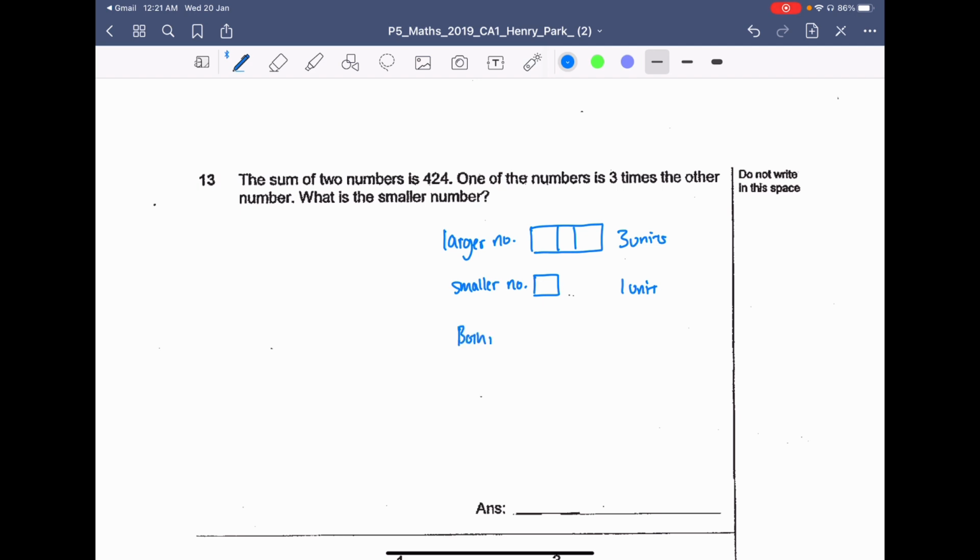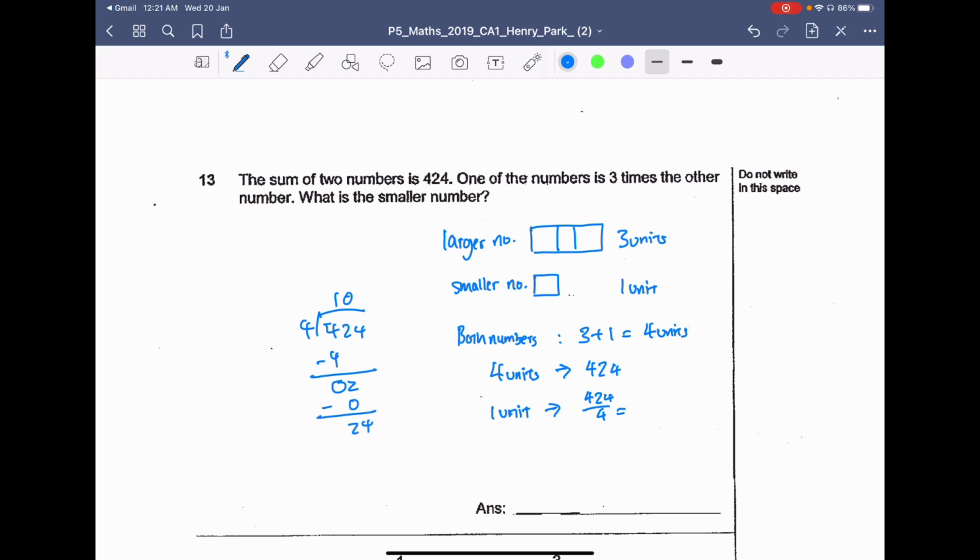So both numbers will give you a sum of 3 plus 1 equals 4 units. 4 units, as they mentioned, represents 424. So 1 unit represents 424 divided by 4. Do your long division. One unit represents 106.